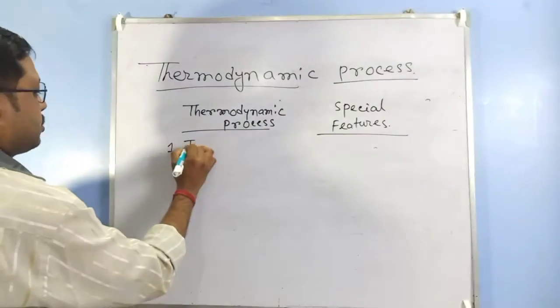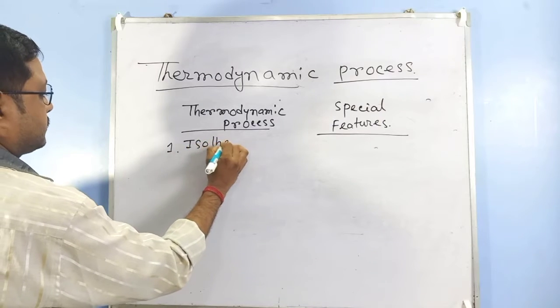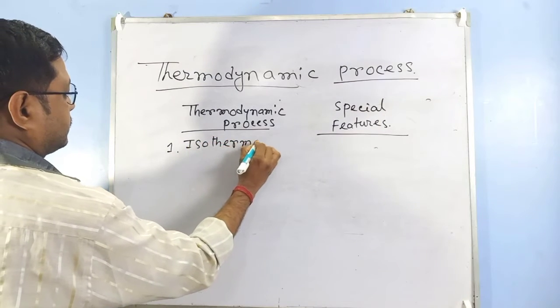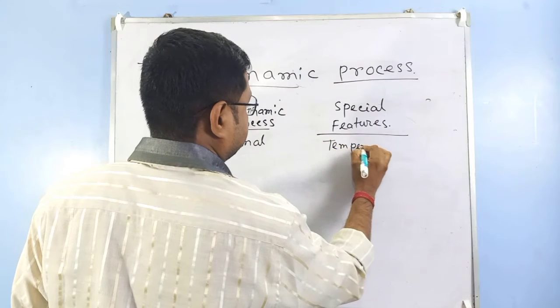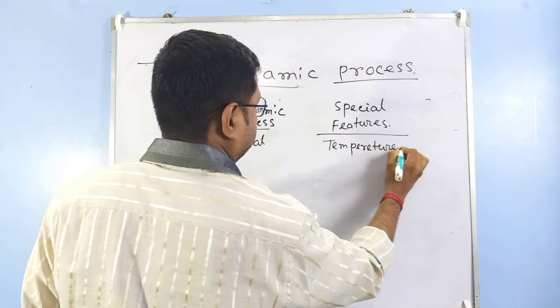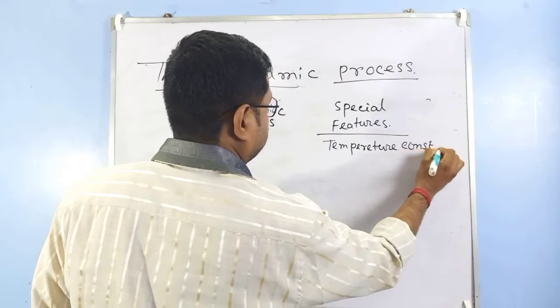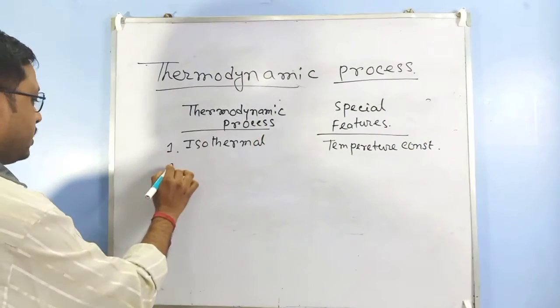Number 1 is isothermal process. Special feature is temperature constant. CONST means constant. Number 2, isobaric process. Pressure constant.